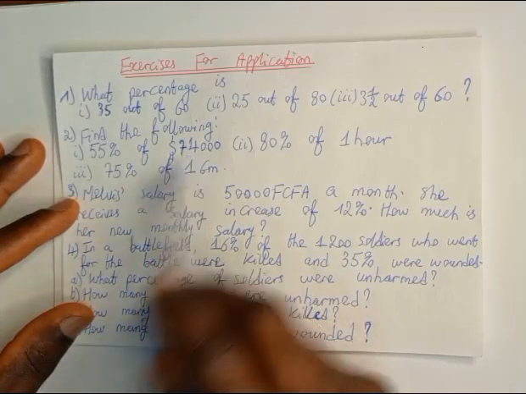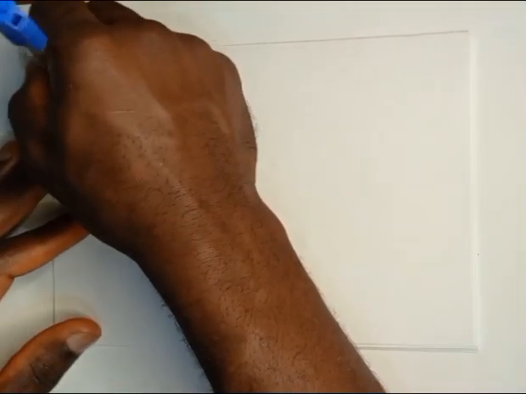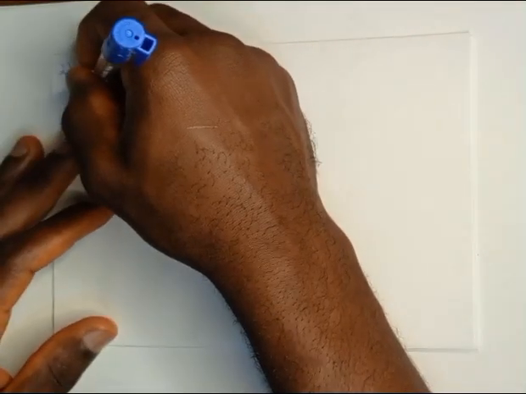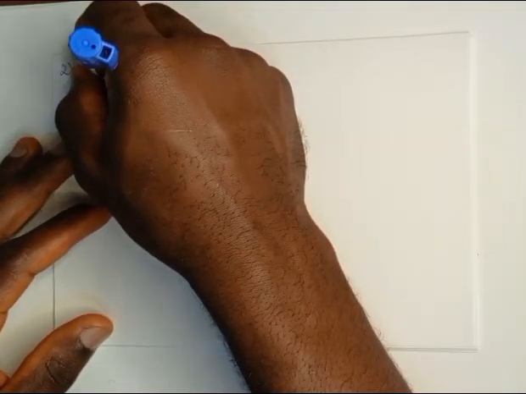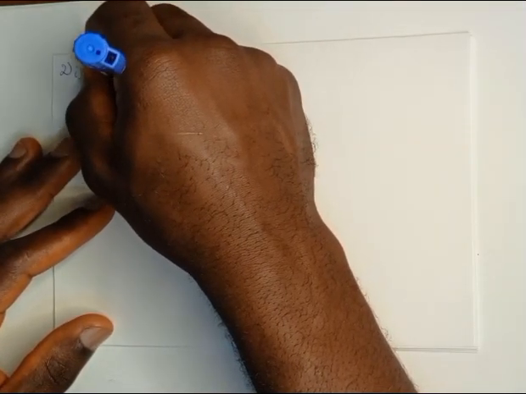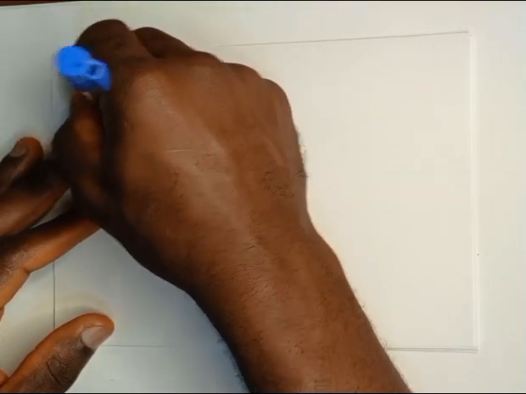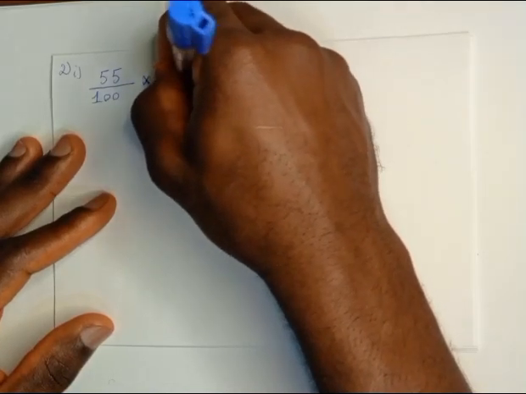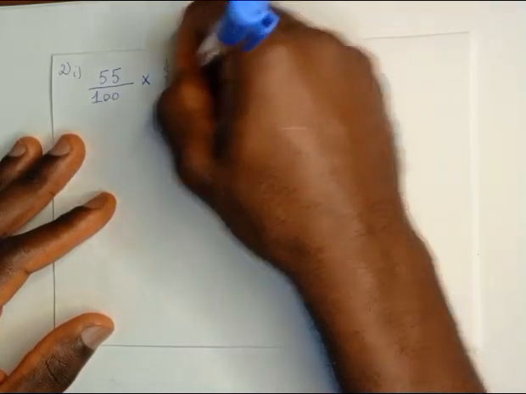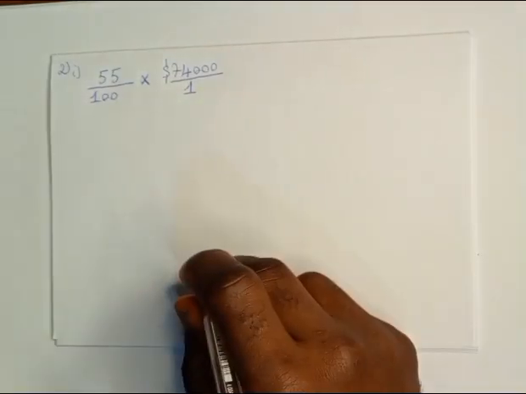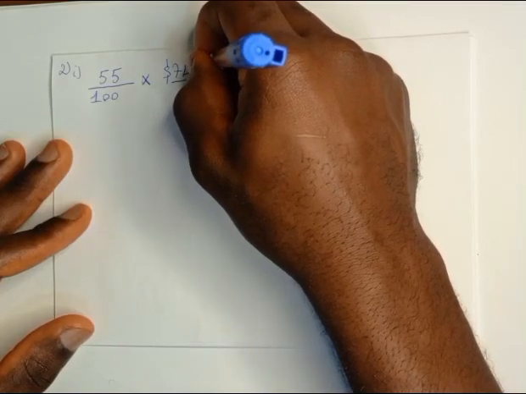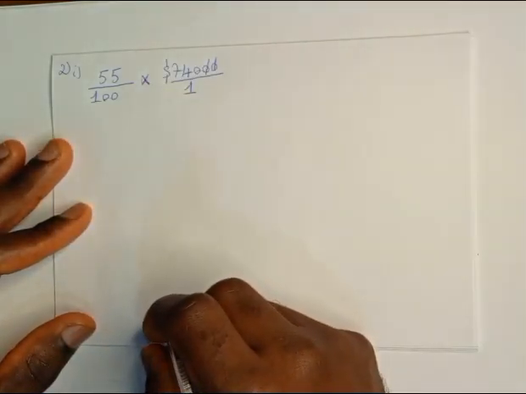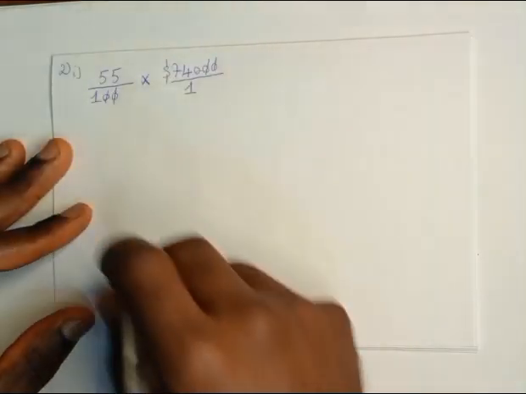55% of $74,000. 2i. 55%. First, we are going to start by expressing 55% as a fraction. This will simply be 55 out of 100 times the amount, which is $74,000 over 1. Next, if we perform the necessary simplifications, 100 will go into $74,000, 740, 100 divided by 100 gives 1.